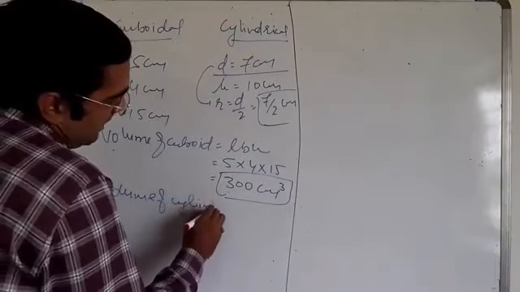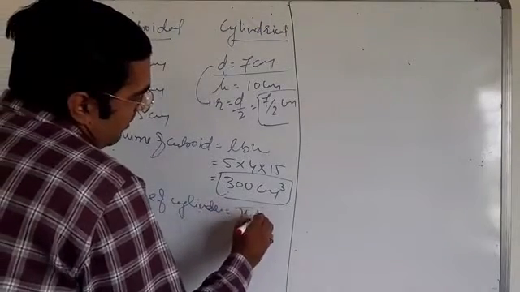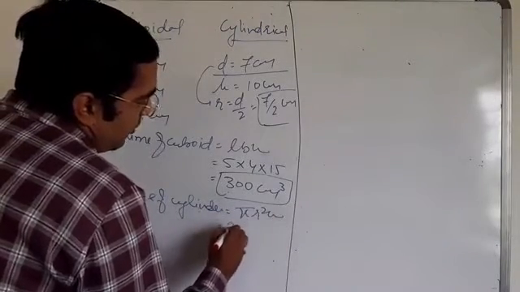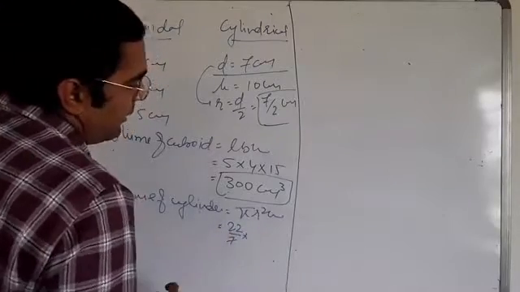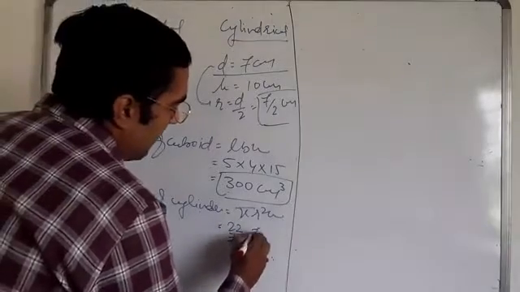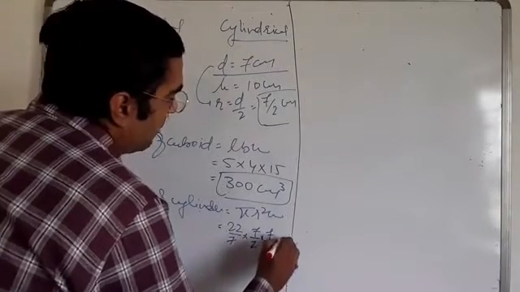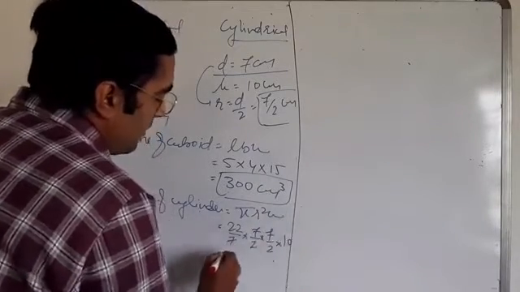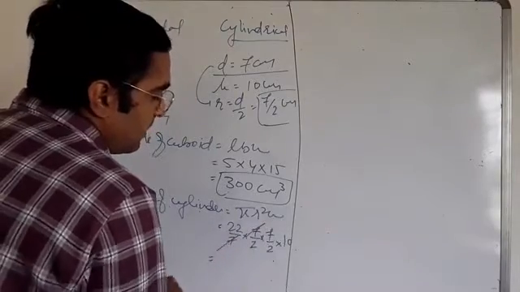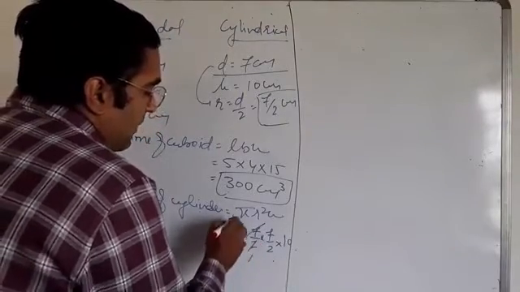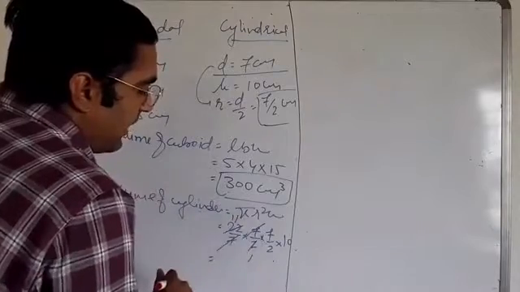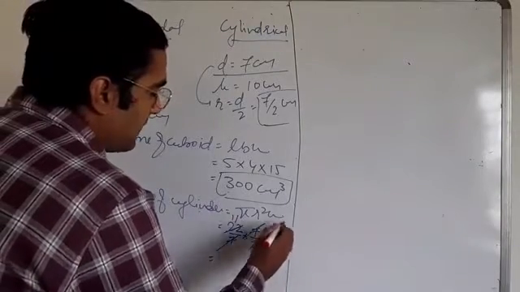Now the volume of the cylinder is pi r square h. So pi is 22 by 7, into radius 7 by 2, into 7 by 2, into height 10. The 7s cancel out, 2 ones are 2, 2 elevens are 11, then 2 ones are 2, 2 fives are 5.